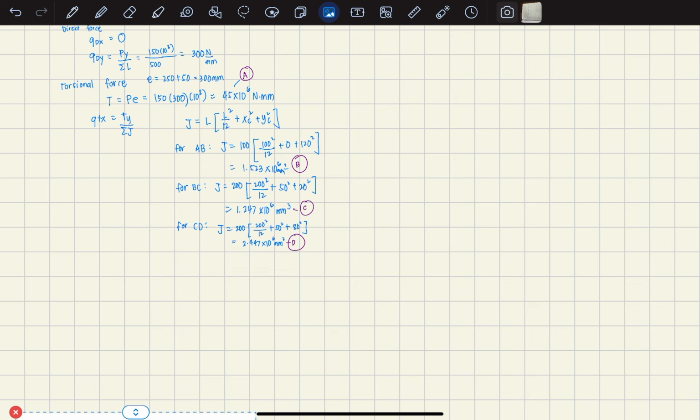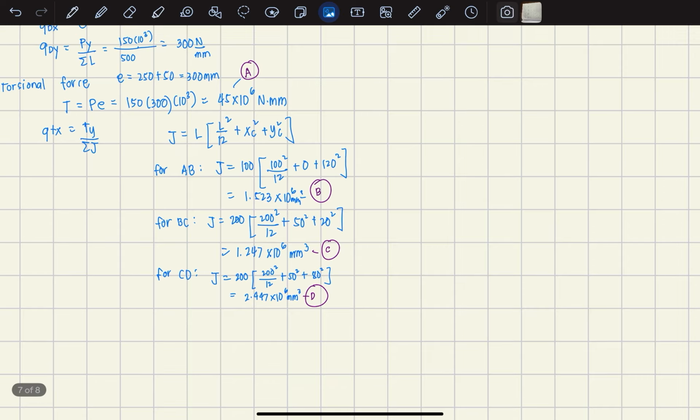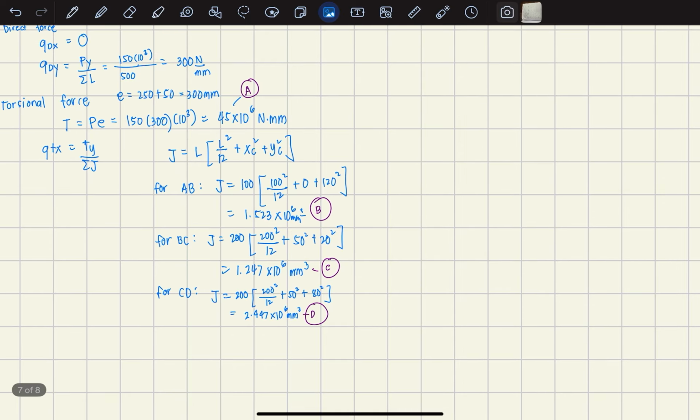So, kunin lang natin yung summation ng lahat ng J para ma-substitute natin siya dito sa formula na to.